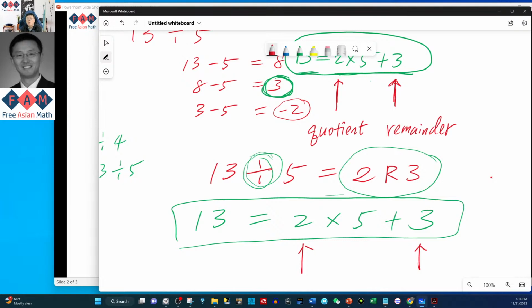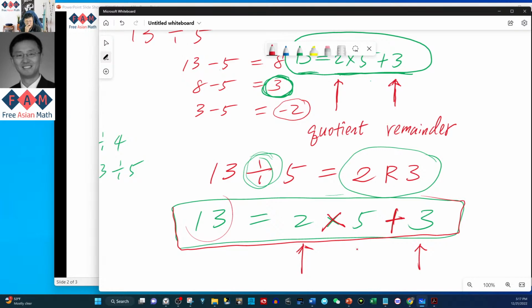In other words, whenever we encounter a case where the dividend is not a multiple of the divisor, we will have to resort to the division with remainder operation, and that will have to be represented in this fashion. The original dividend will be represented as a quotient times our divisor 5 here, then plus the remainder.